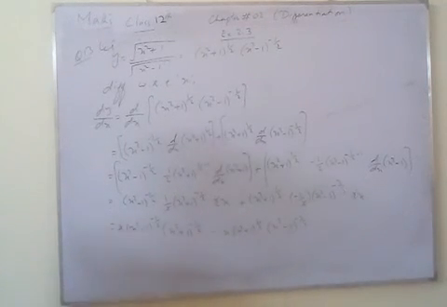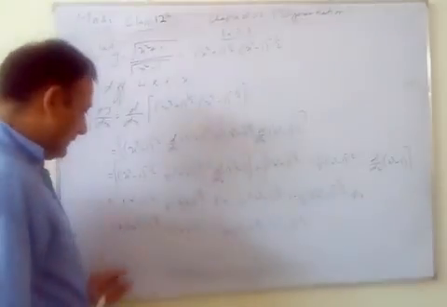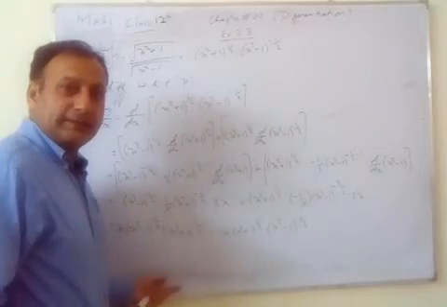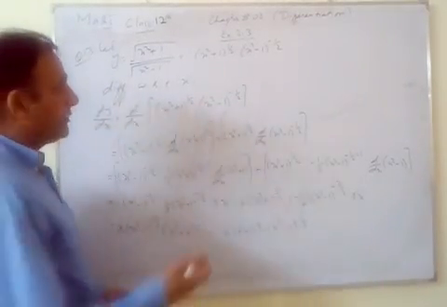So this is the derivative of this function, but the next step is to simplify it. How to simplify?